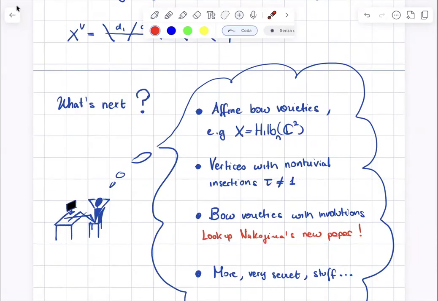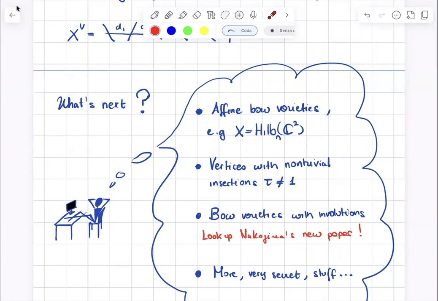Another interesting problem that has not been explored at all, so I will just advertise it, is to know what happens when one starts introducing non-trivial insertions. There are some special cases where we know what to expect, but for a general insertion, it's not obvious at all what to expect from mirror symmetry.